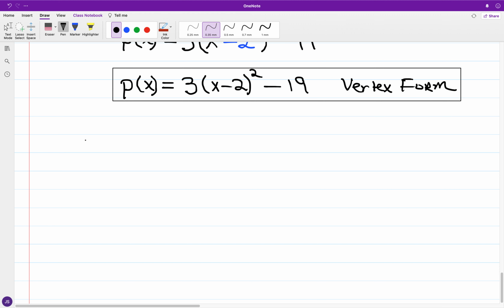So we'll just call this particular part forming polynomials from given zeros and multiplicities.